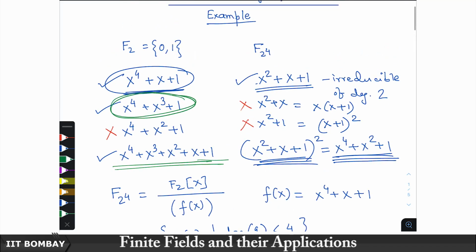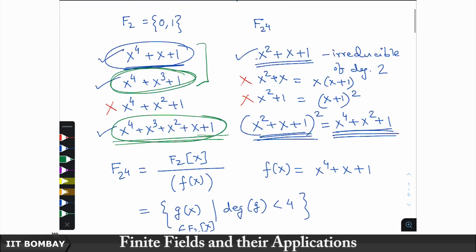Hence, these two are primitive polynomials. They are irreducible, but they are not only irreducible. If you construct the finite field using any of them, x will be a primitive element. But if you do that with this irreducible polynomial, we will see that x is not a primitive element in that field.